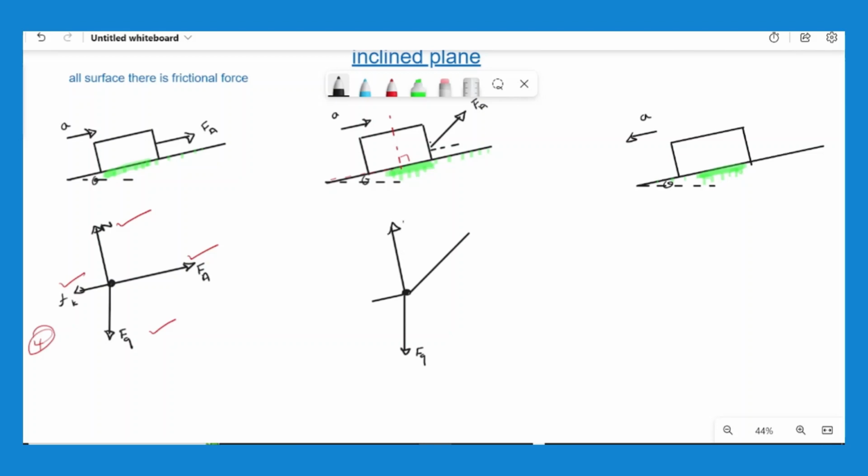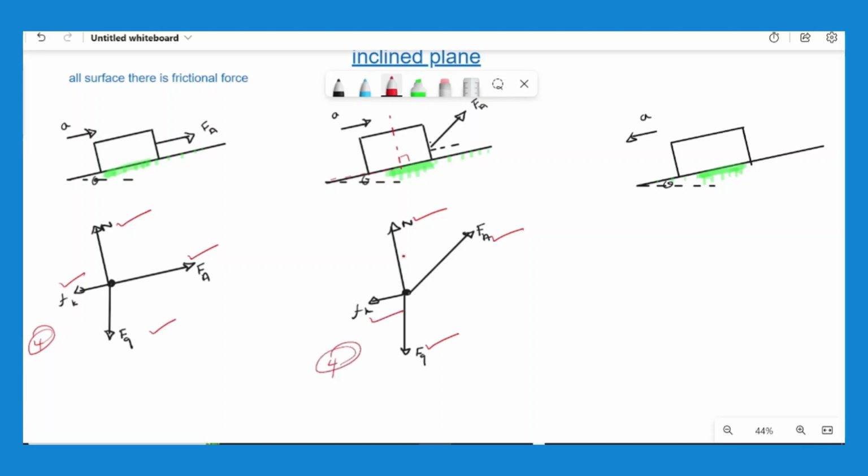This is my normal force. This is my force applied. This is my frictional force. And then this is going to be 1, 2, 3, 4.